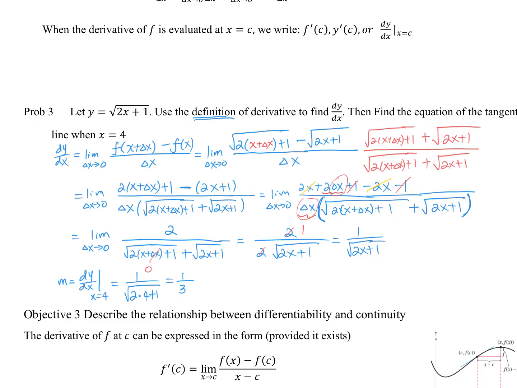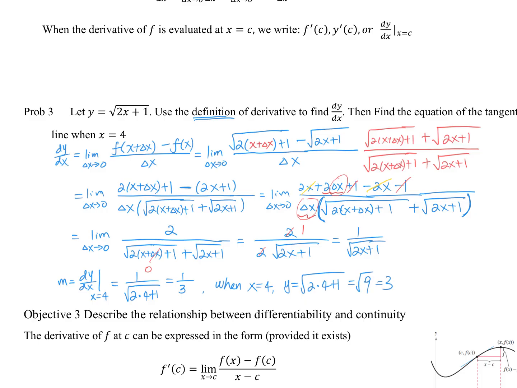Now to find the equation of the tangent line, we have the slope, we have the x value, we still need the y value. Let's find the y value. And when x equals 4, the y is square root of 2 times 4 plus 1, which is equal to square root of 9.